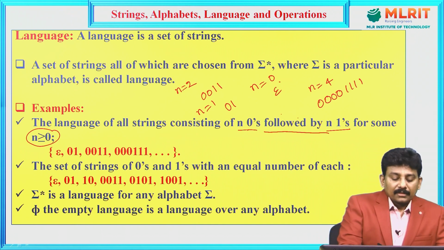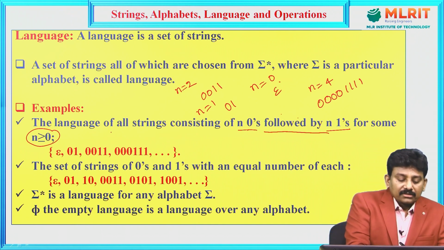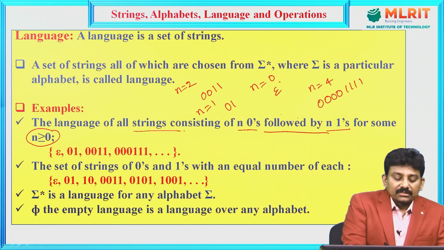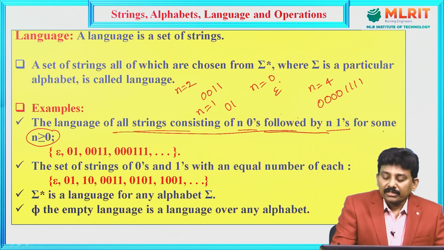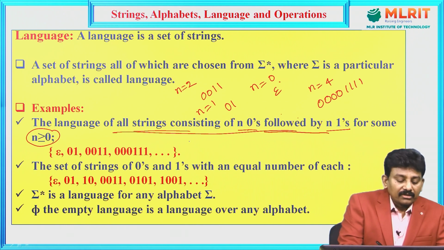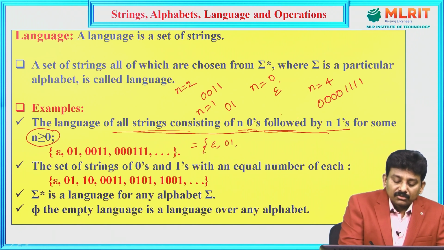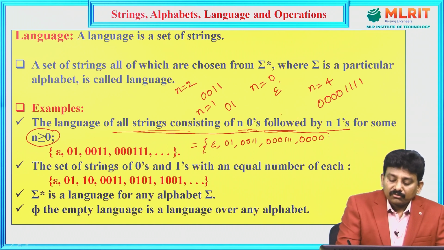So, the language of all strings consisting of n zeros followed by n ones, for n greater than or equal to 0, is epsilon, 01, 0011, 000111, 00001111, and so on.